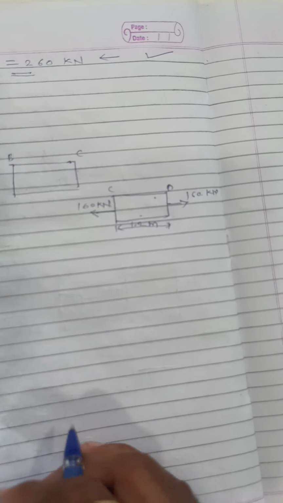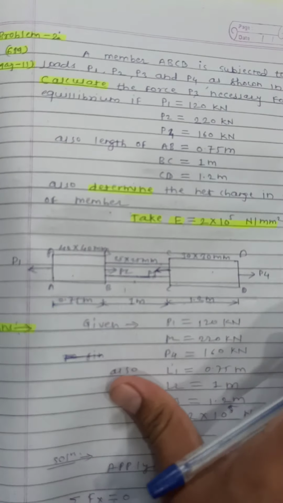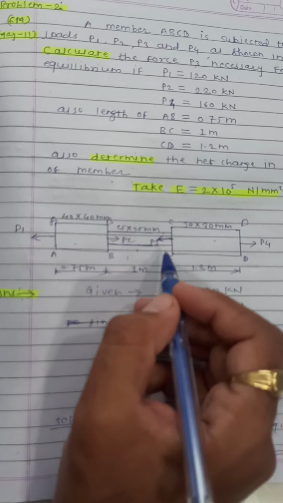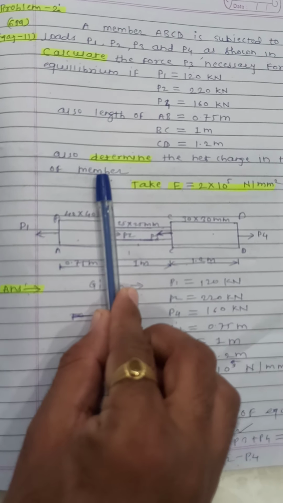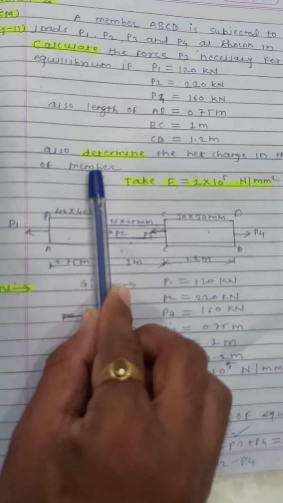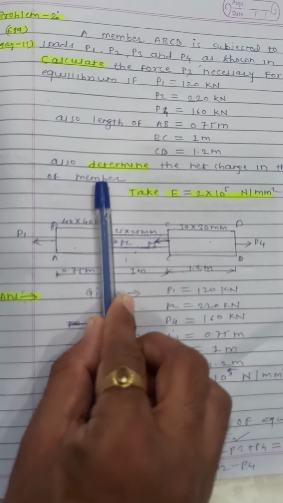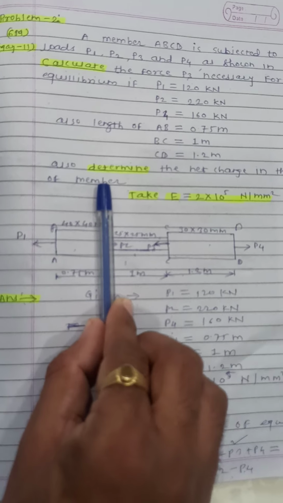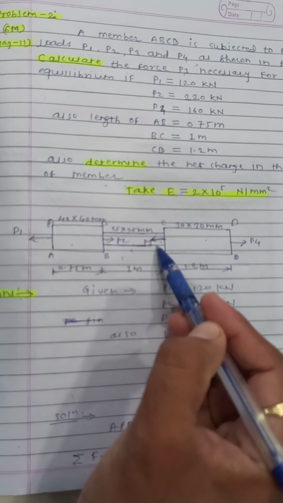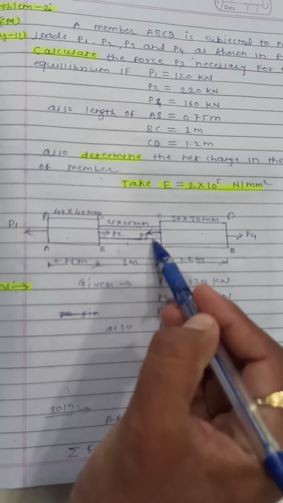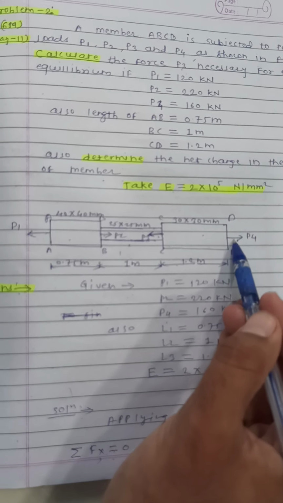Now similarly, put your hand at section B and consider the forces to the right side from section B. There are two forces, that is P3 and P4. P3 we have found from the first case, and P4 is already given.